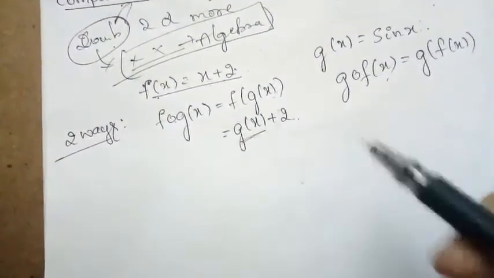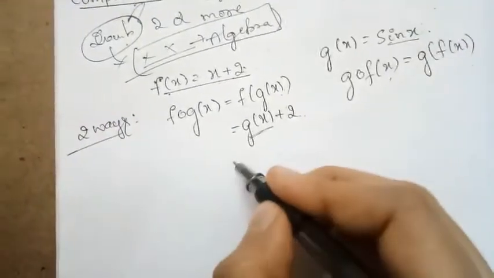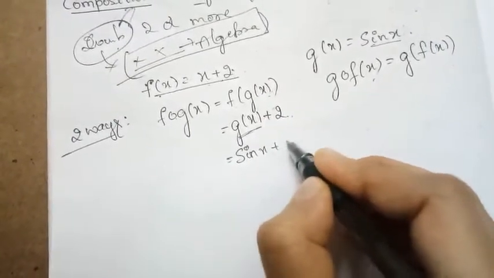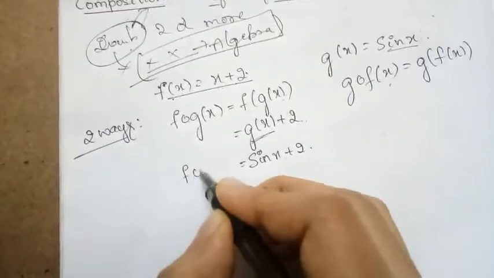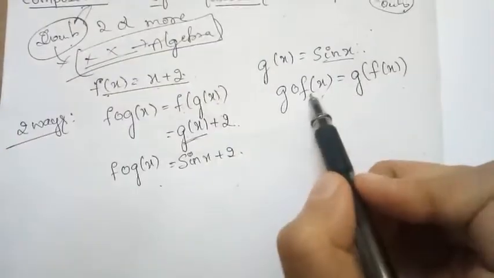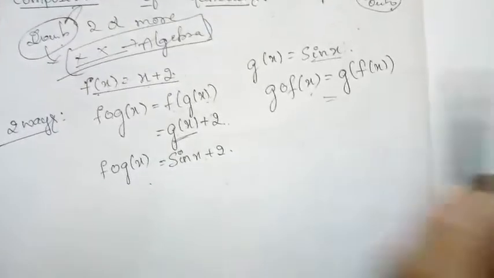And what is the function g of x? It is nothing but sin x. So fog, f of g of x, is sin x plus 2.